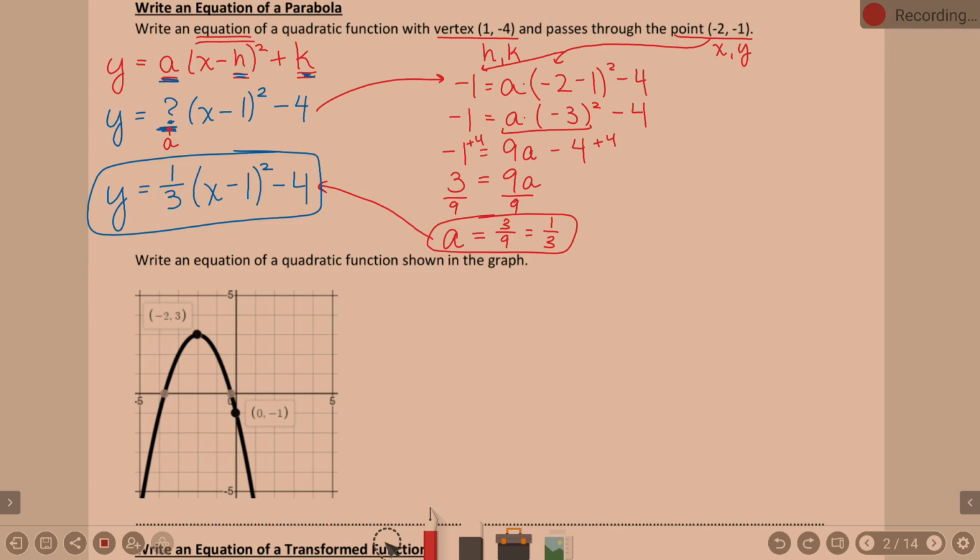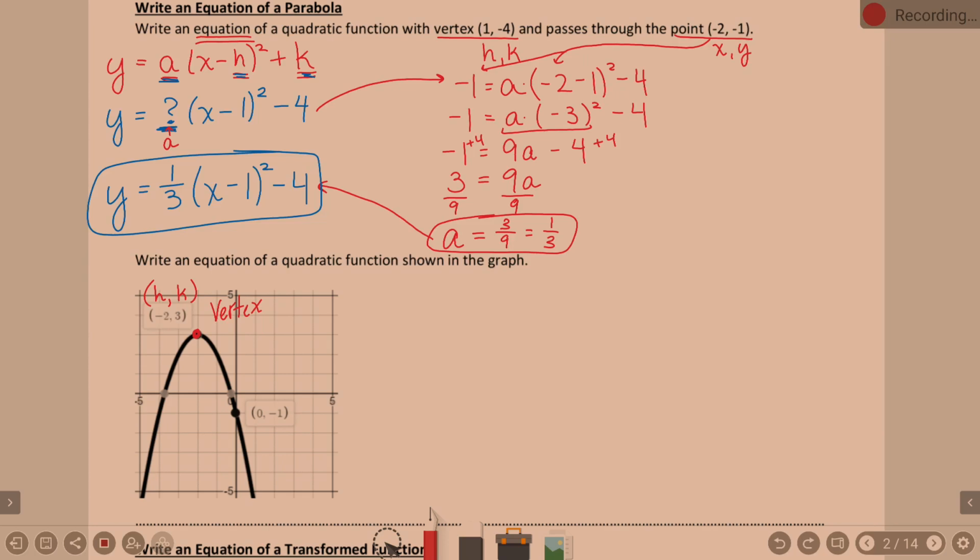They gave us H and K, yes, because H and K are the vertex. Can we see our vertex here? Which point is our vertex? -2, 3, yes? So that makes -2, 3, H and K, because that is my vertex.